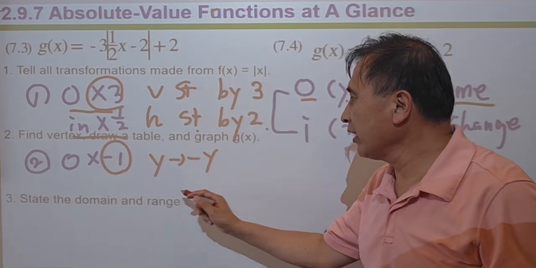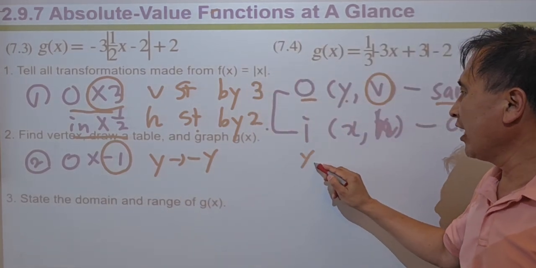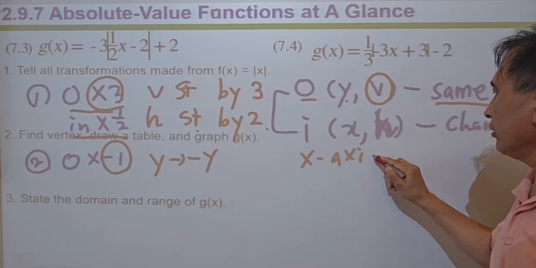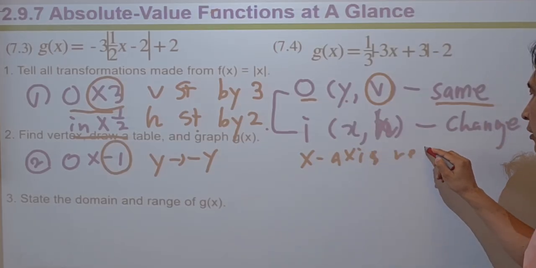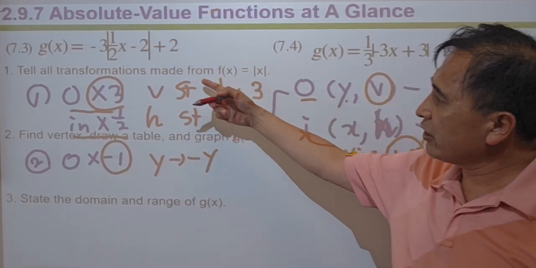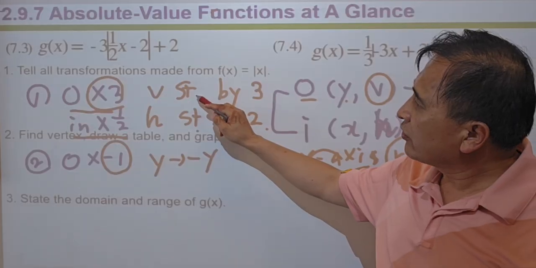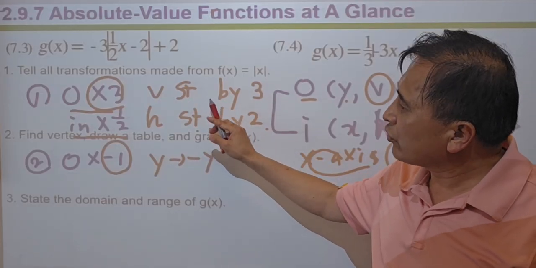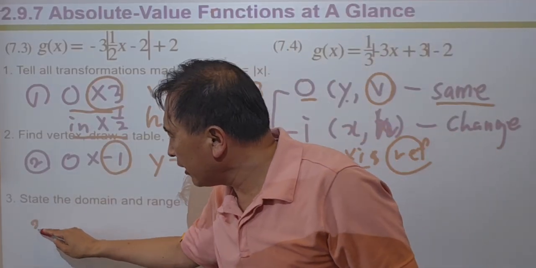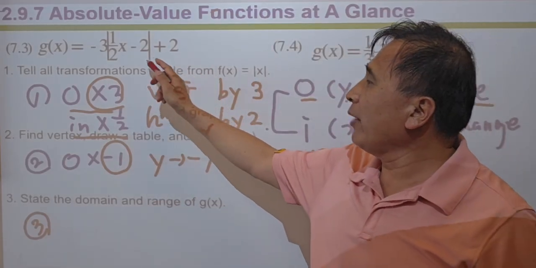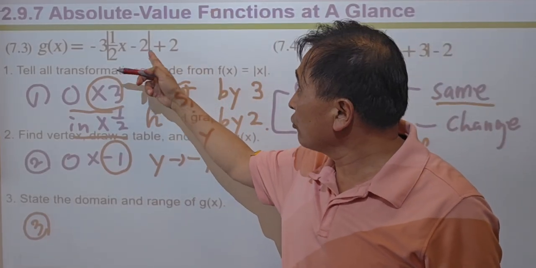But this is y becoming -y, which means x-axis reflection, right? So that's the stretch or shrink here, and then the reflection right there, and then 3. Anything left over, which is -2, +2 like that.